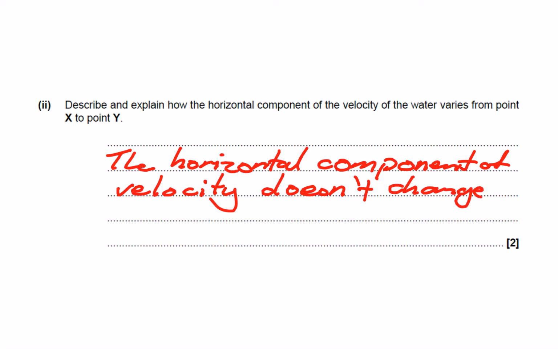Now we've got to come on to explain why the horizontal component doesn't change. There were a lot of answers who said because it doesn't accelerate in the horizontal direction. Well, that's actually part of the state, because if the horizontal component of the velocity doesn't change, saying it doesn't accelerate is just another way of saying this.